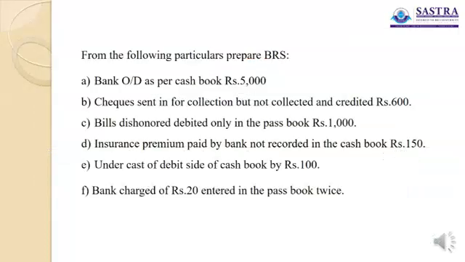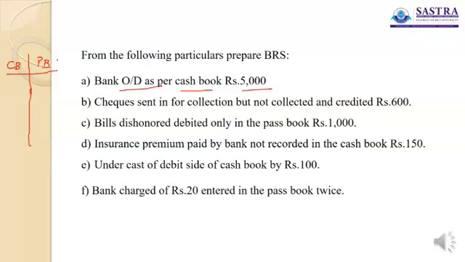From the following particulars, prepare BRS. Bank OD, that means unfavorable, as per cash book 5,000 rupees. Cash book is given, and what book is required? Passbook. So start symbolizing the effect after having analyzed the transaction. Checks sent in for collection but not collected and credited, 600 rupees.